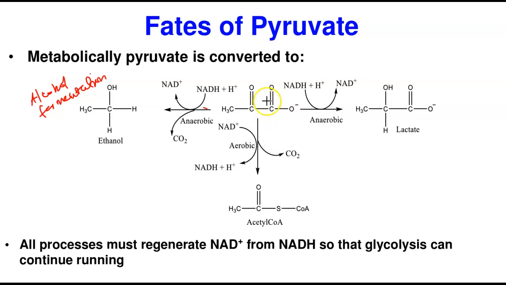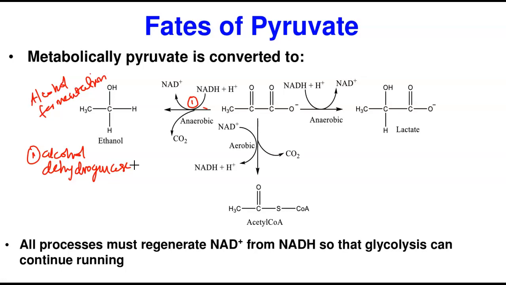Pyruvate decarboxylase breaks off this carbon to form acetaldehyde. Then acetaldehyde is converted by the enzyme alcohol dehydrogenase to ethanol. So the enzyme that acts in this first alcoholic fermentation is alcohol dehydrogenase. So this is called alcoholic fermentation, and it occurs in bacteria and some other prokaryotic organisms.